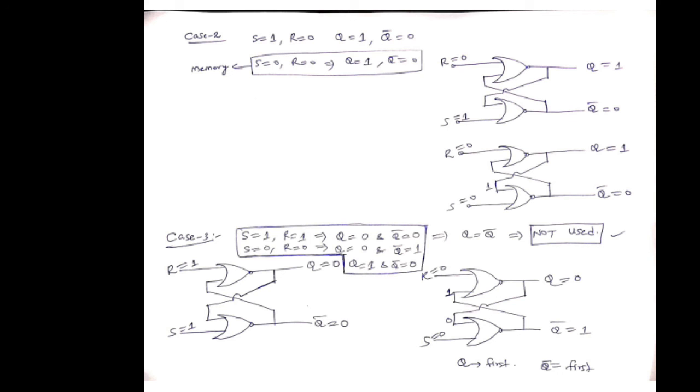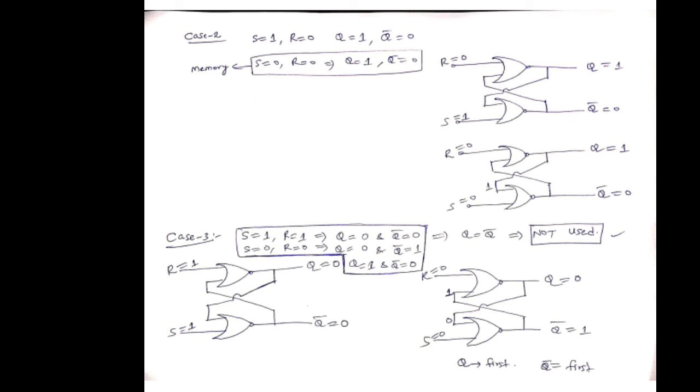And next one, for every case you should study with S is equal to 0 and R is equal to 0, whether these values are changed or not, you have to check. You can observe I am changing the values, S is equal to 0 and R is equal to 0. Let us consider Q as first and Q bar as second.